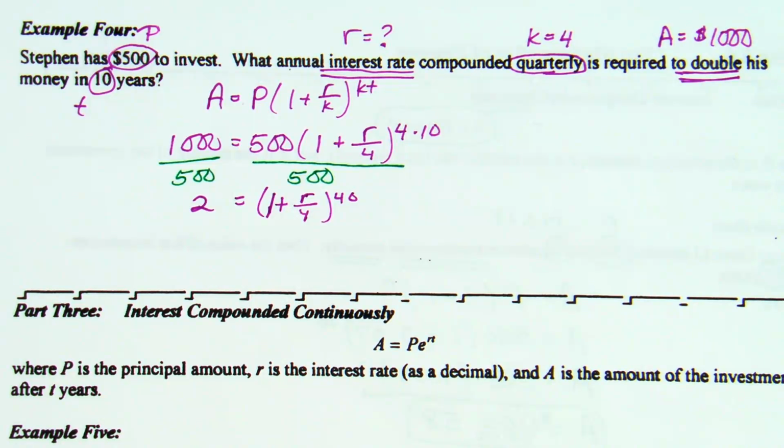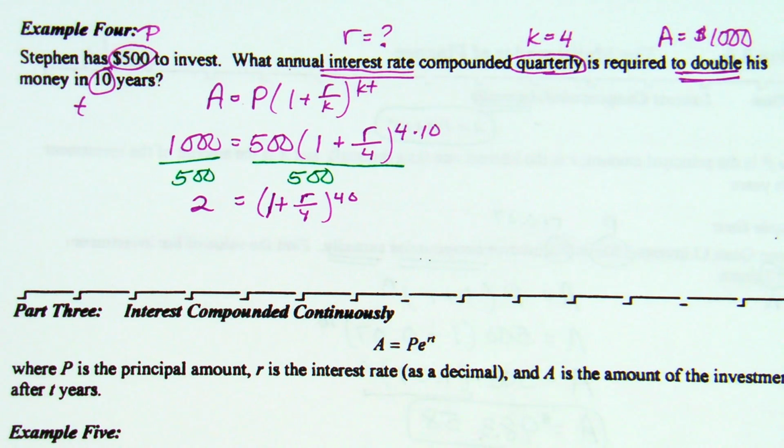Thoughts on what to do next? We're trying to get to the R that is inside the parentheses, right?